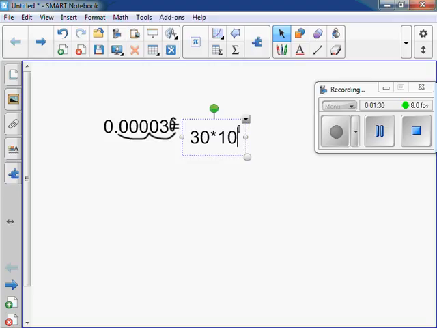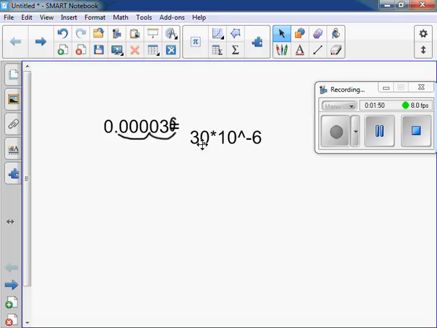So this is 10 to the negative 6, that is. So 30 times 10 to negative 6. Now I have a 0 over here, and that's okay, right? Because there is a number in front of it.